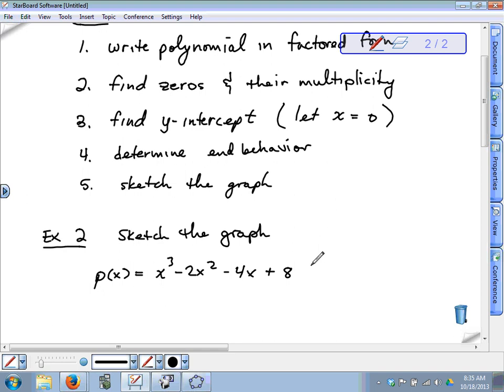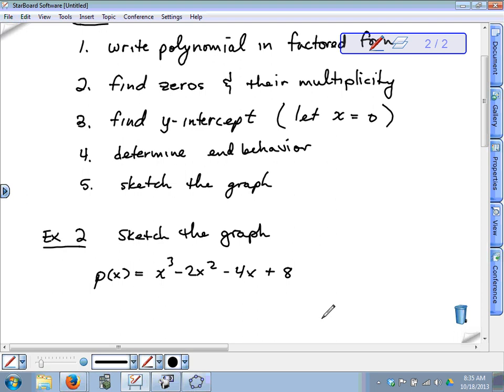Right off the bat, how many zeros do we expect to find? 3. Now, here's a question. Are they all going to be distinct zeros? Maybe. What's more likely to happen is one of the zeros may have multiplicity. So just keep that in mind.